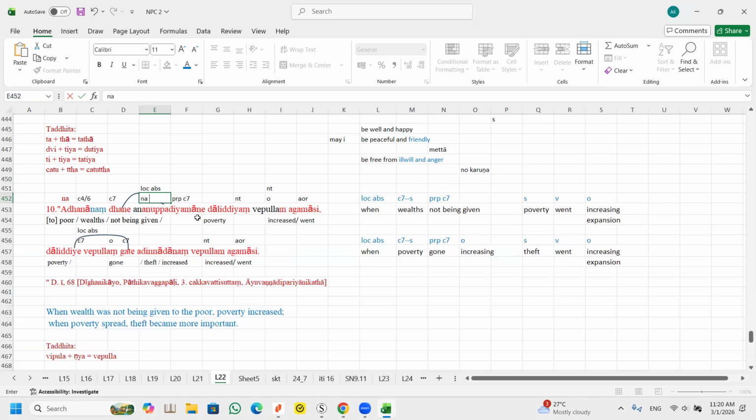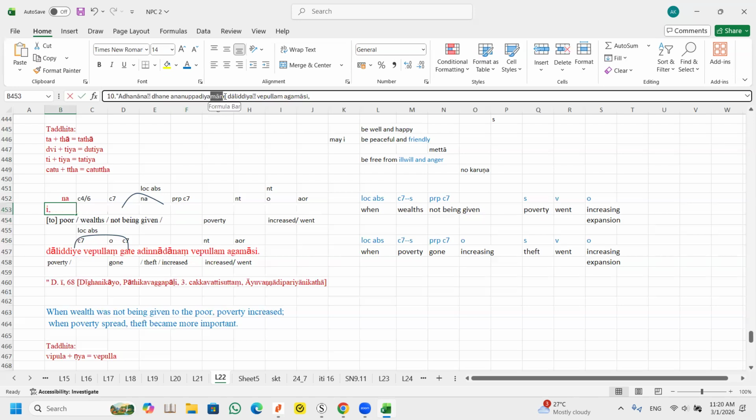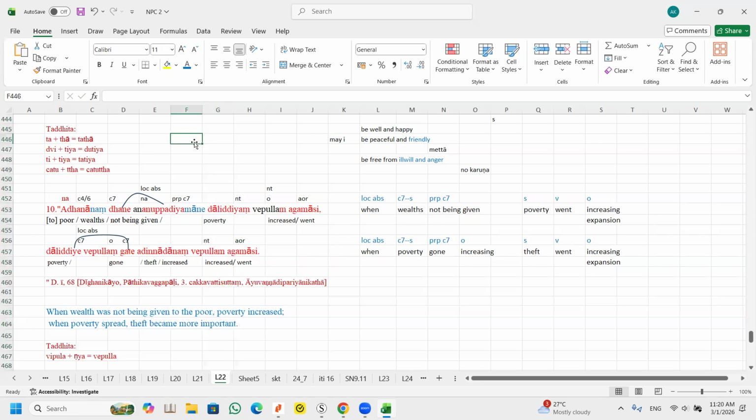In this case, this is a PRP. Once we have one PRP and another in locative, then this is locative absolute. This is how you look at locative absolute. Then this is Dalit Diang.